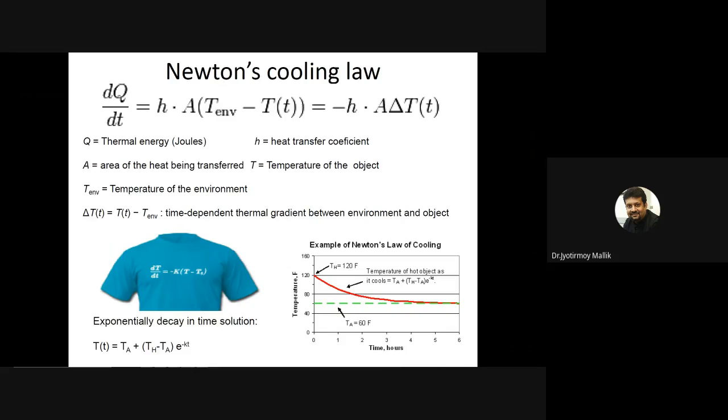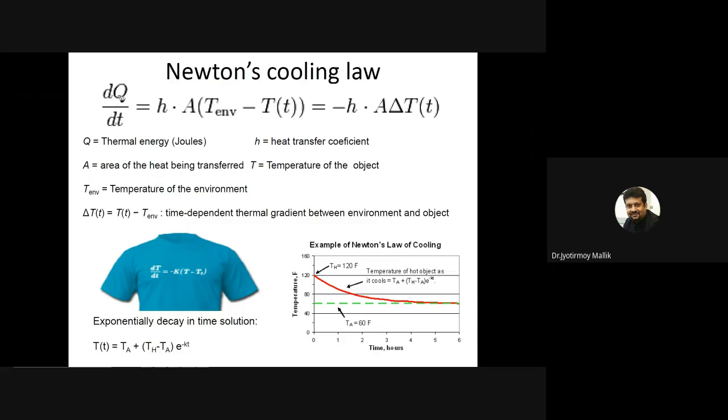Now, let us look at something called Newton's cooling law. Newton's cooling law says dQ/dt is equal to h multiplied by A into the temperature of the environment minus the temperature of the object. Q is the thermal energy.